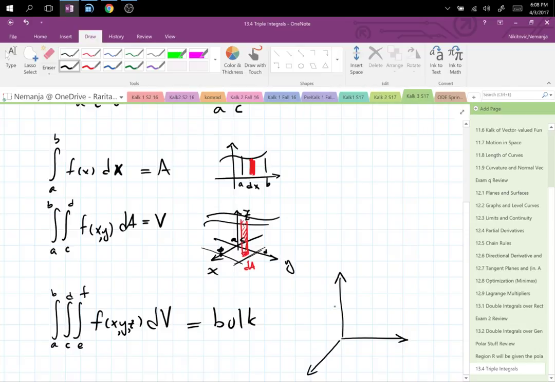So right now, we are going to have some kind of a 3D shape, and what we are going to have is a little cube, which is your dV cube.